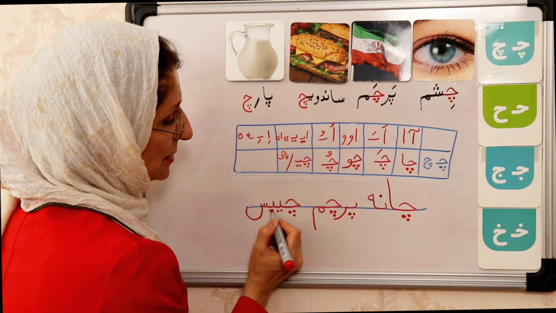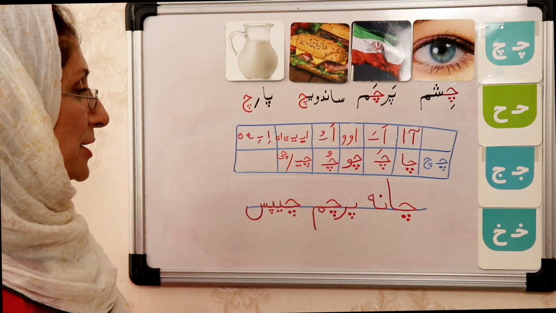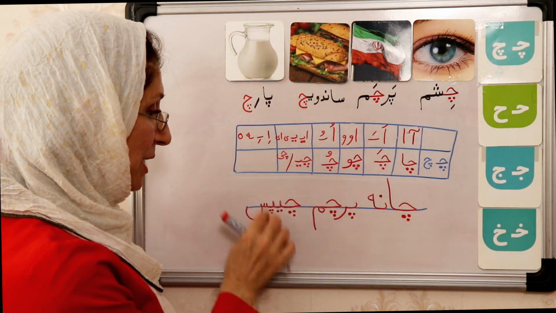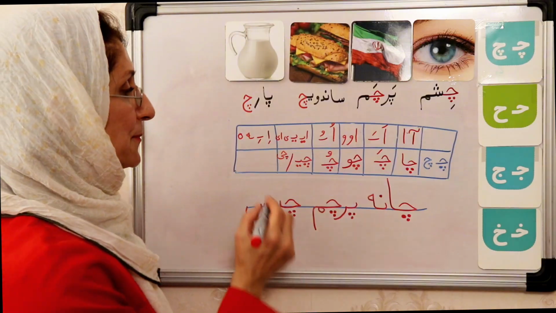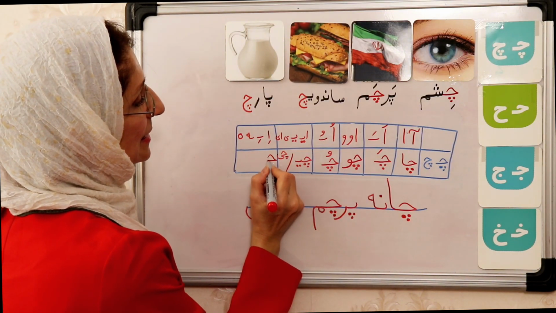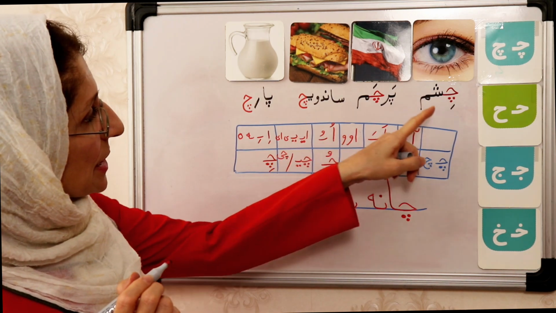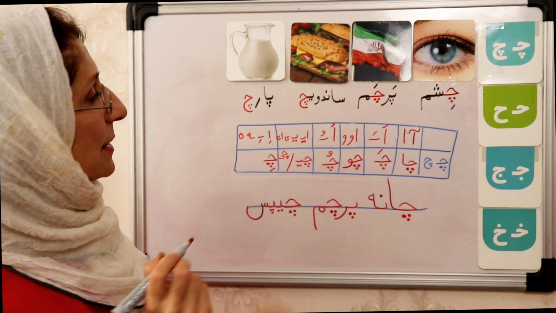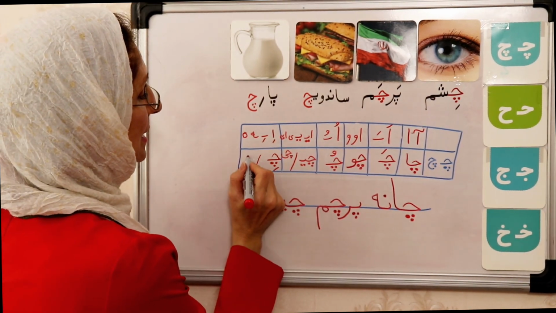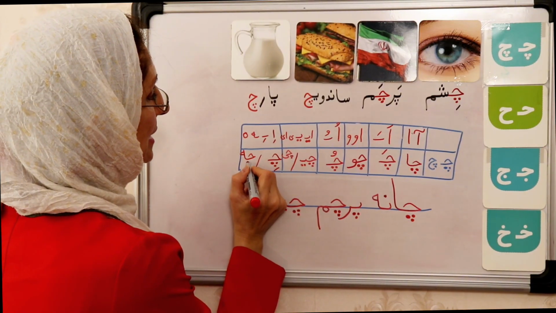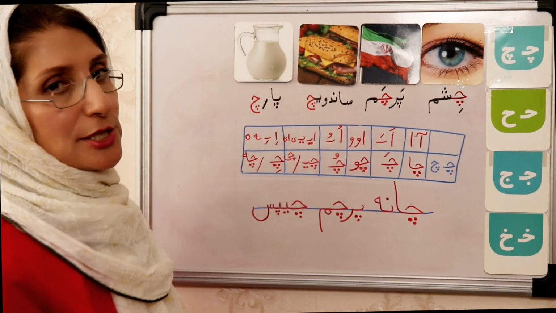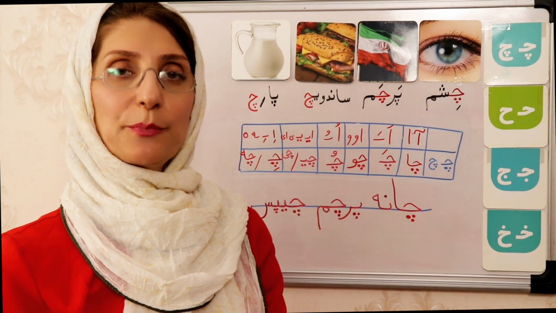Then very beautiful dots for che, e, pe, and sin. And che, e, like the word cheshm, and che, e. Now bring your notebook.